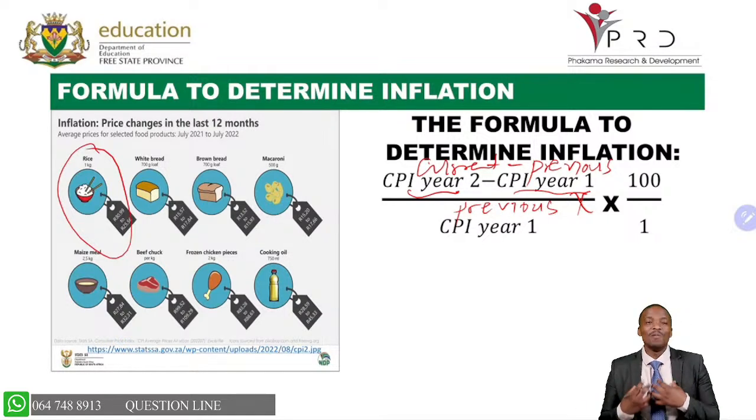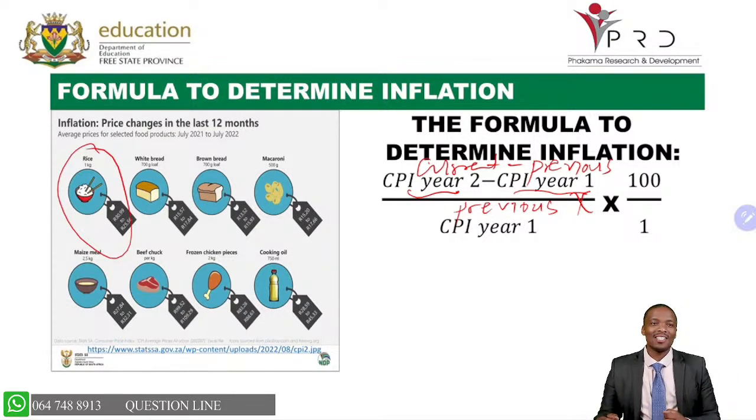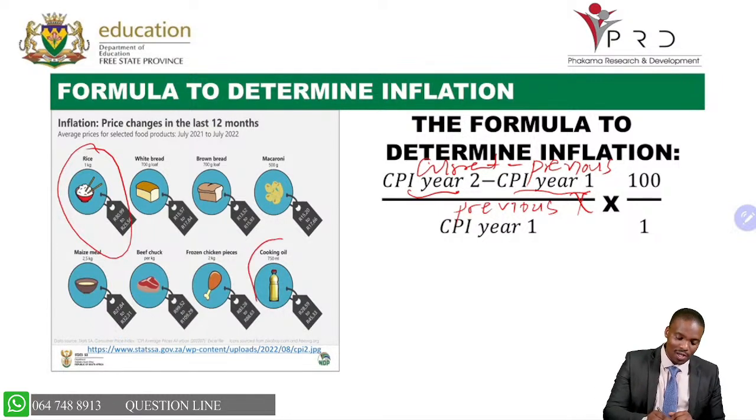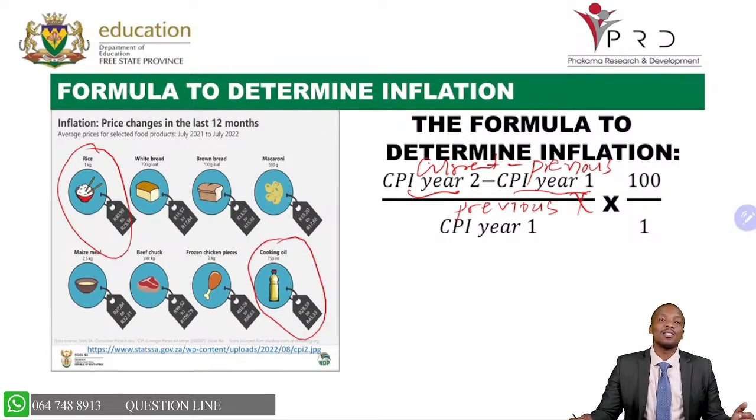And as economists, we understand it is because of inflation, where supply and demand do not react, prices of goods and services are likely to increase. So in short, cooking oil increased drastically, from 28 rand to 45 rand per 750 milliliters. That was a huge increase in inflation.